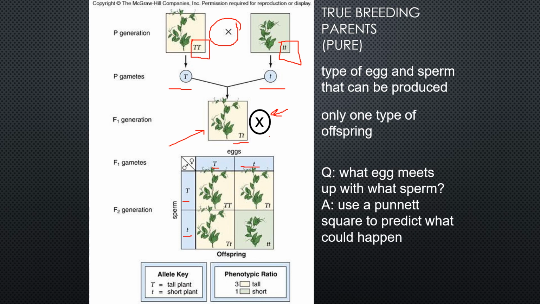And so then what we do is we say, well, if I have one gene from here and one gene from here, I have a homozygous tall. If I take one gene from here and one gene from here, I have a heterozygous tall plant. Over here, again, one tall, one short, a heterozygous tall. And then over here, I have 2 recessive alleles from here and here that produce a homozygous short. So we use this Punnett Square to predict what could happen.